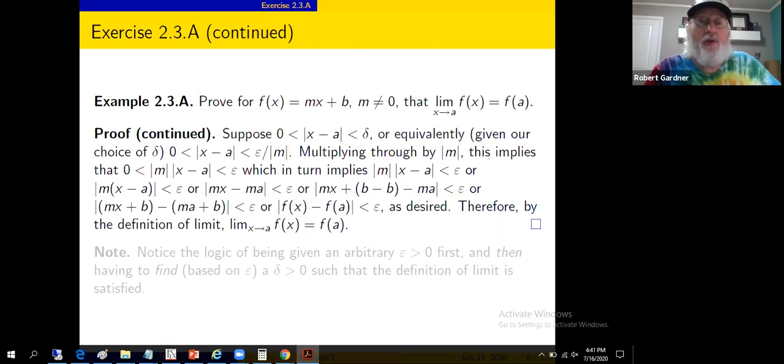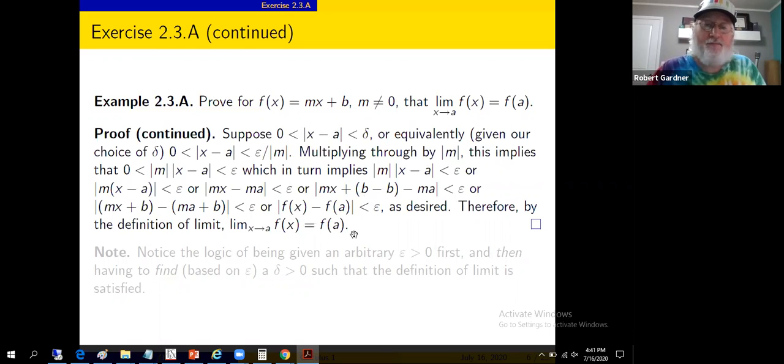Step 3, show if this occurs, then this occurs. And we did. And it was algebra that got us from this inequality to this inequality. And that's it. That's what it means for the limit to exist and equal this value, in this case, f of a.